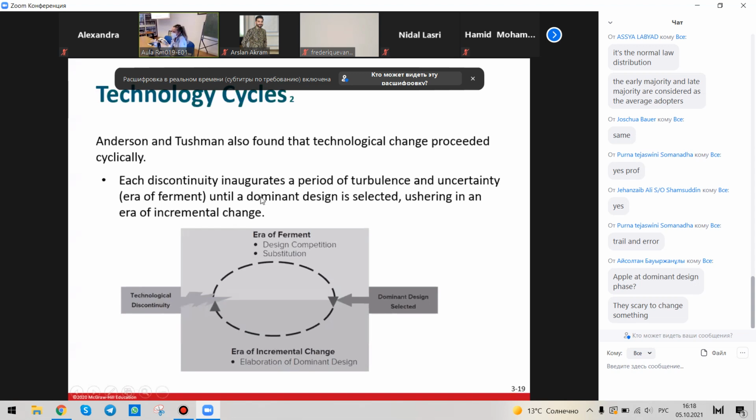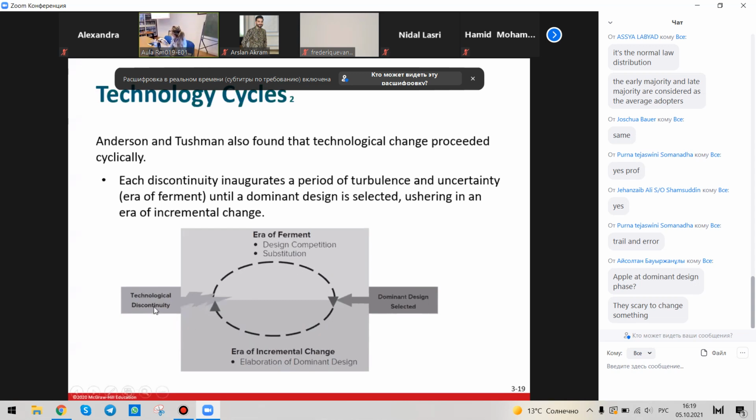I don't know if you have ever heard of it. So again, the same process distinguishes between two points that are, of course, related to each other: the era of ferment, in which we have design competition and substitution, that was the fluid phase that we defined previously, and the era of incremental change, in which we have the specific phase.